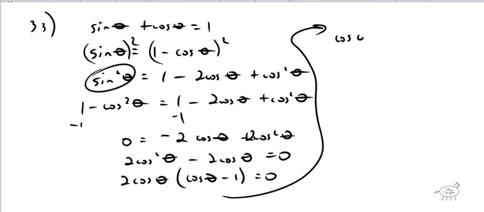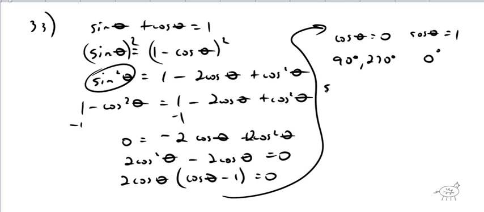Once you divide, you get cosine of theta equals 0, and then cosine of theta equals 1. So where does it equal 0? We're still in degrees here, so 90 degrees and 270. And where does cosine equal 1? At 0 degrees. Now remember, we squared it, so we've got to plug it back into the original problem.